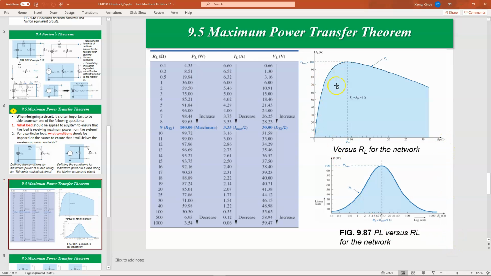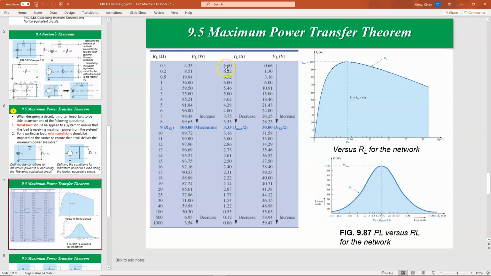You just need to know they are the same plot. We just try to plot the circuit like this. You can see when your RL is smaller, then the voltage across this RL will be smaller, but the current will be bigger, because in this circuit the total resistance will be smaller, so your IL will be bigger.